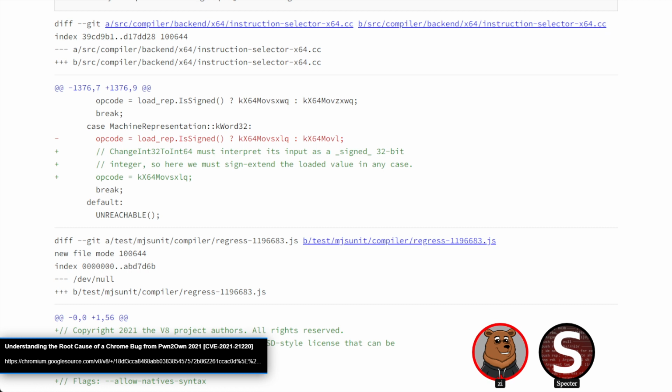If it's not, it just does a normal unsigned move. Makes sense, except for the fact that ChangeInt32ToInt64 should only be working with signed. There is a ChangeUint32ToUint64 option also, which would do the unsigned version of this. So the fact that it's considering it here is at least one key part of the bug, the fact that it will do this unsigned move.